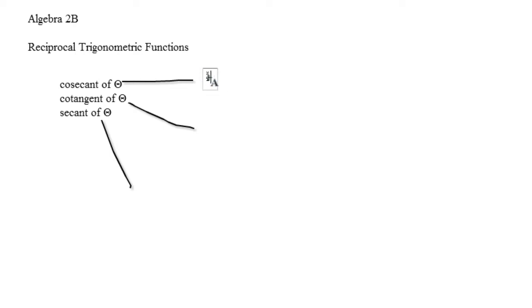The cosecant is equal to 1 divided by the sine of theta. The cotangent is 1 divided by the tangent of theta, and the secant is 1 divided by the cosine of theta. Okay? So those are the actual ones that they're equal to.